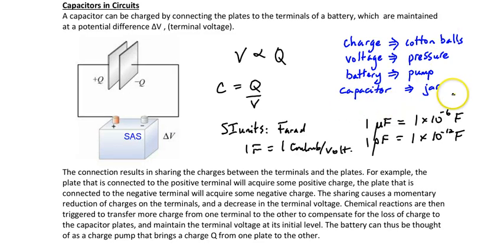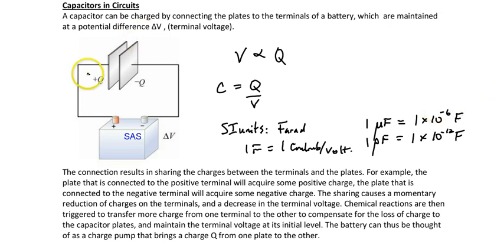So the capacitor would represent the jar, and capacitance would be how big that jar is. So if you were to apply more pressure, hence higher voltage, you'd be able to stuff in more charge or cotton balls into that jar, and hence you'd have a greater capacitance.